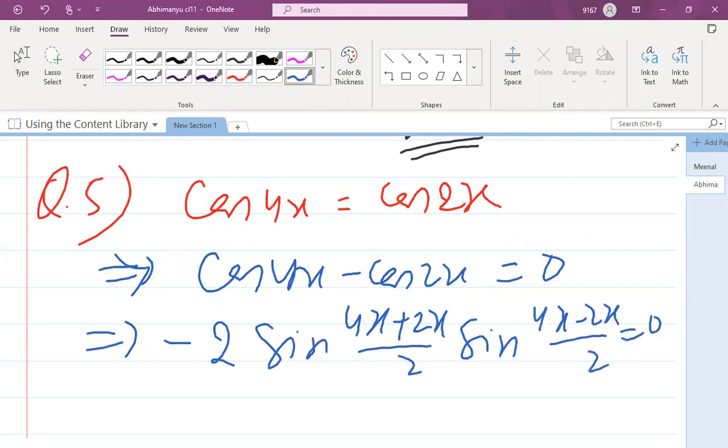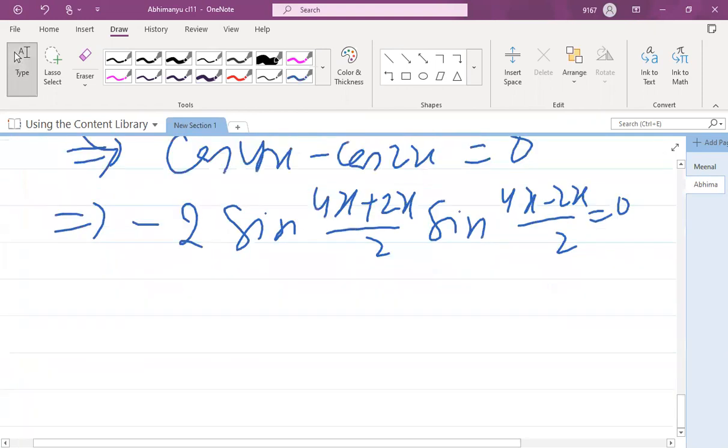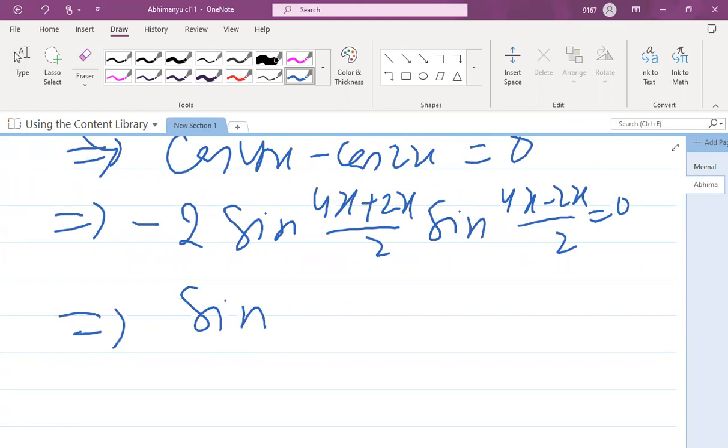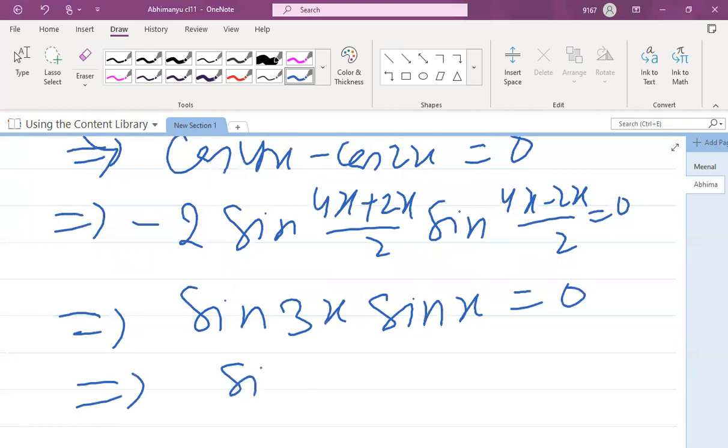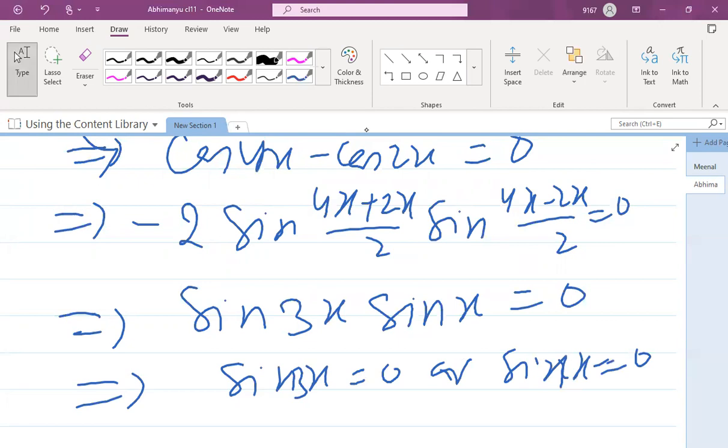So this will become sin 6x/2, which is sin 3x, and sin 2x/2 is sin x, equals 0. Which implies sin 3x equals 0 or sin x equals 0.